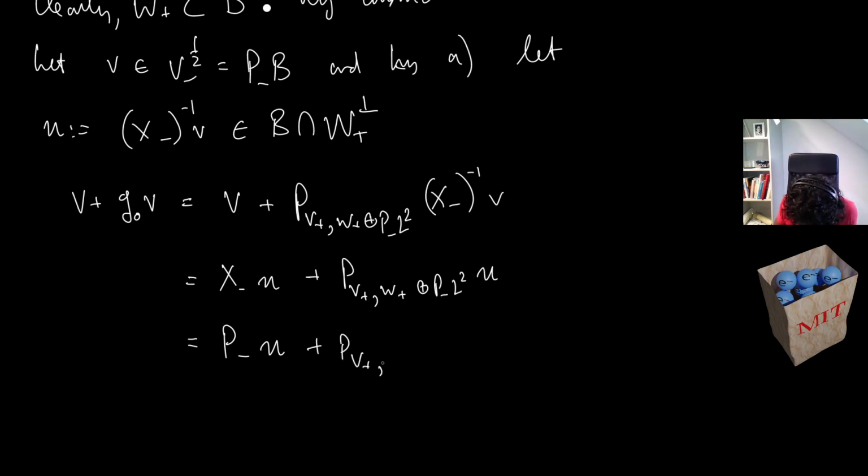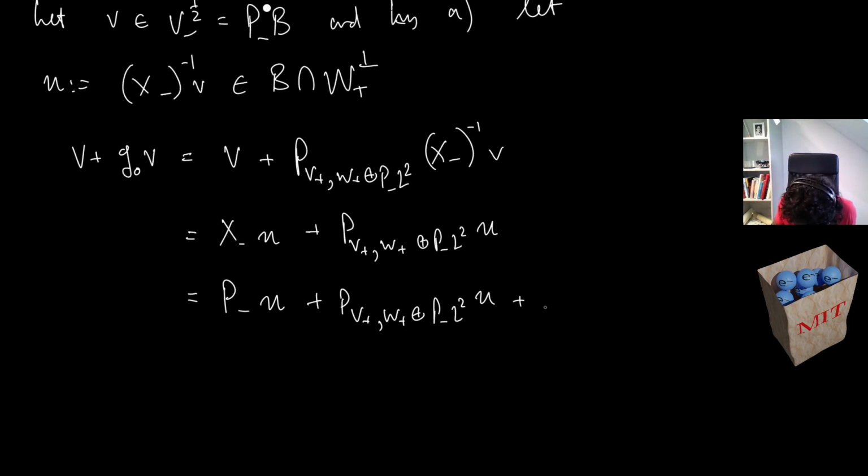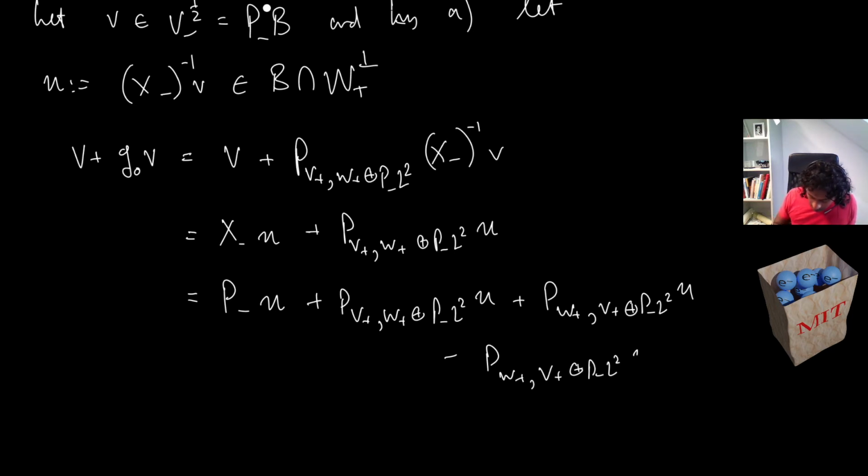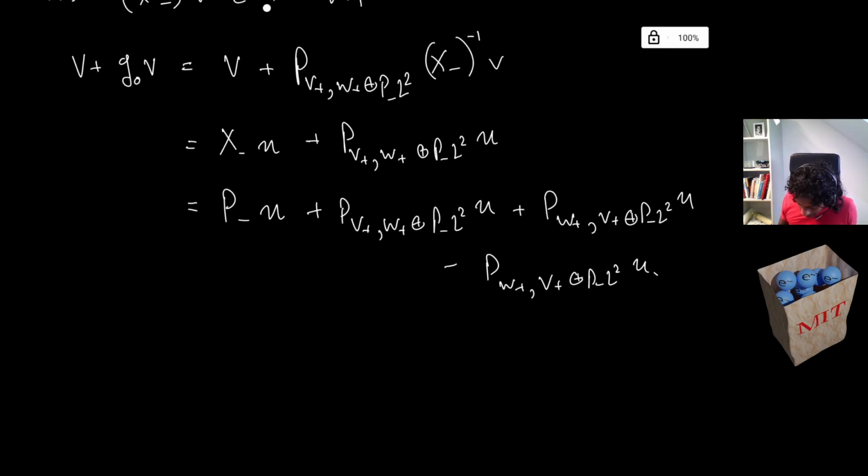And now I'm going to do this. So V plus W plus P minus L2 of U, and now I'm going to add this piece, W plus V plus P minus L2 of U minus PW plus V plus P minus L2 of U. But remember, V plus and W plus add up to the projector P plus.